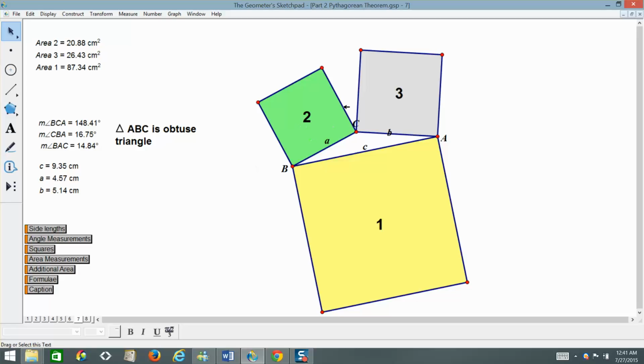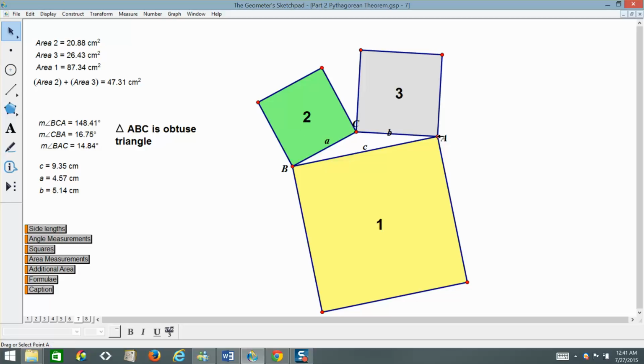And now I will add the areas of squares 2 and 3. So this is the result. Now you can compare the result. So we can state that the area of square 1 is greater than the sum of the areas of square 2 and square 3.